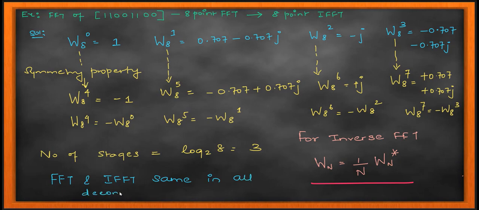Then I have a scaling factor of 1 by N. That is the only new thing I have for the inverse when I'm solving it. Now let us see how we do the forward Fourier transform.